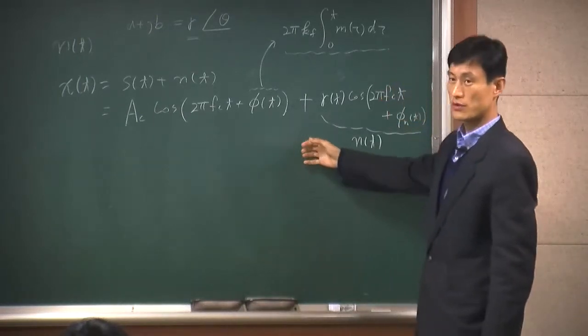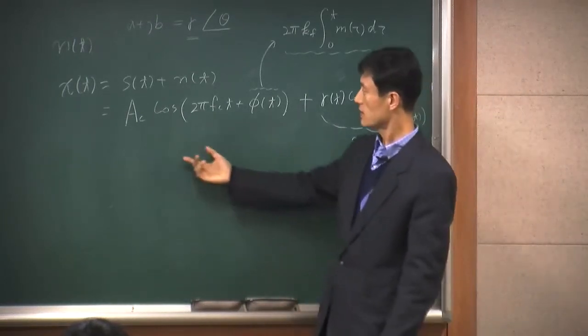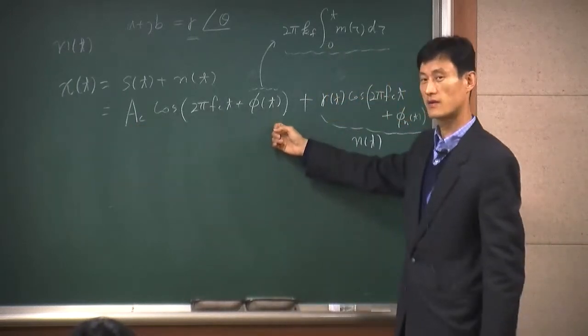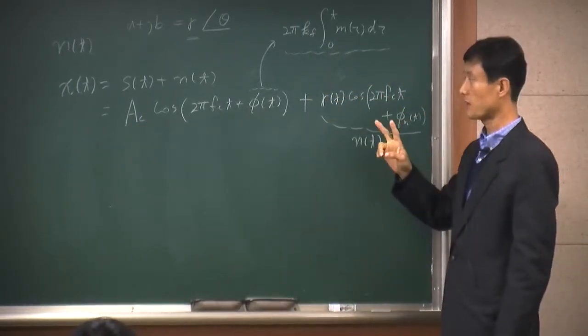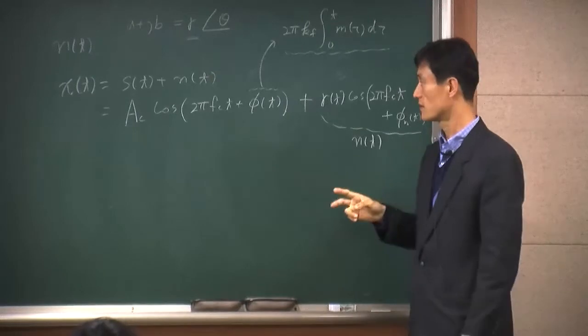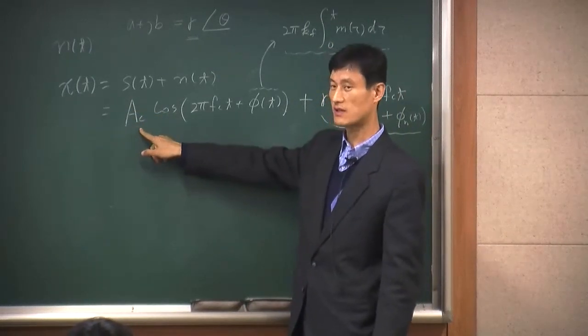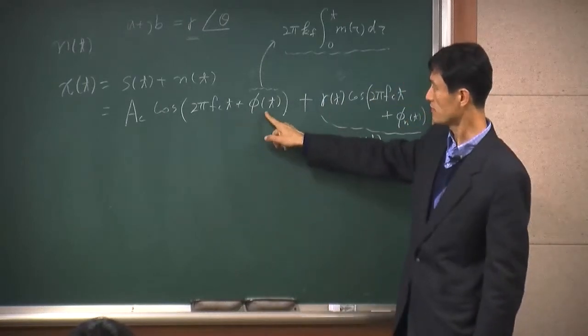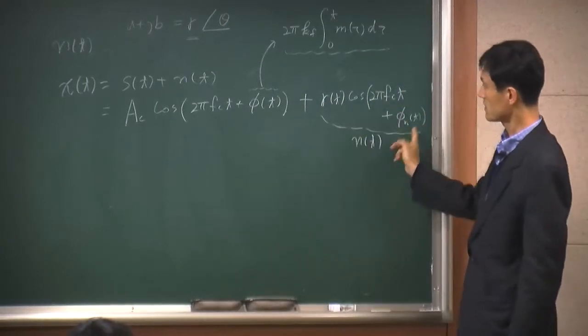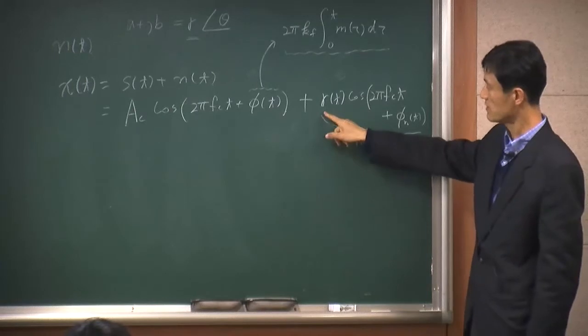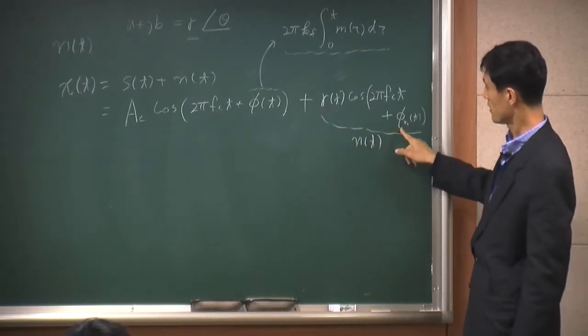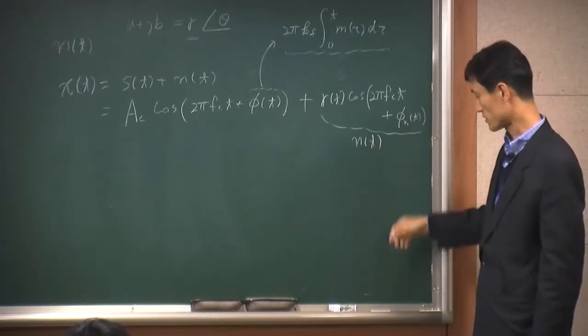Now once you look at this, we know that this is a vector and this is another vector. We are basically adding two different vectors. Each vector has an amplitude. This vector has amplitude Ac and phase phi t. This is the second vector. The length of the vector is rt, and phi nt is its phase.